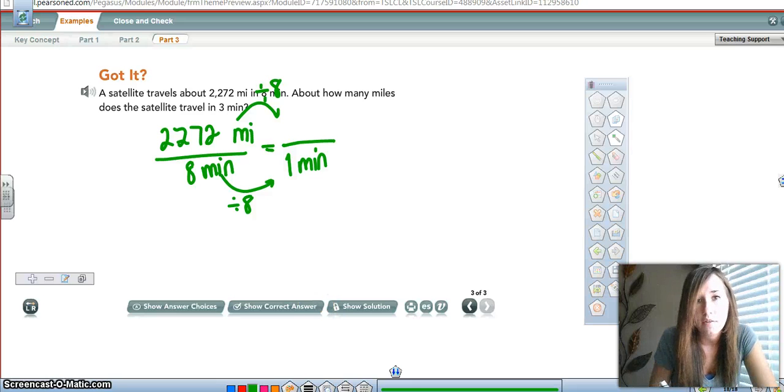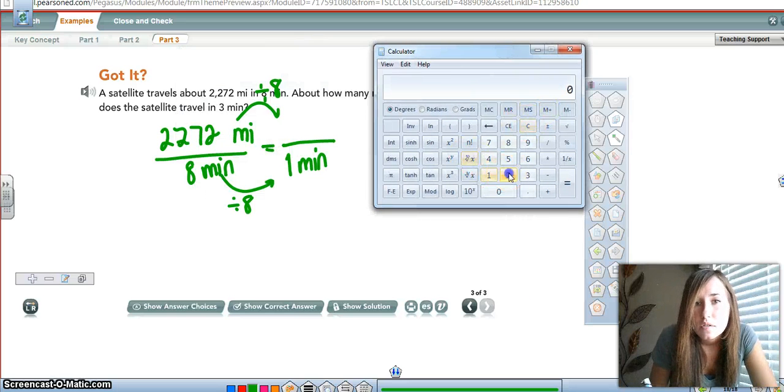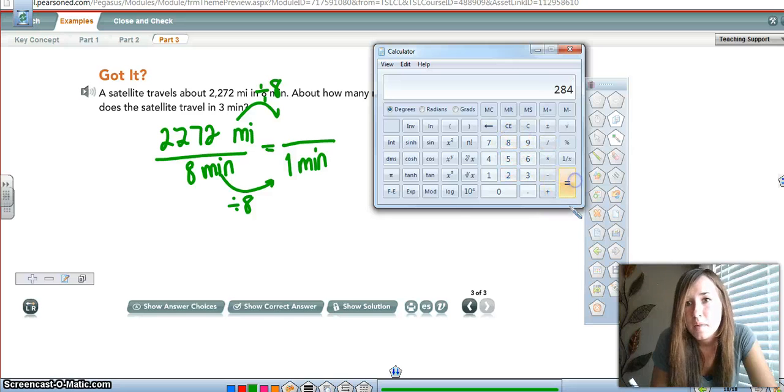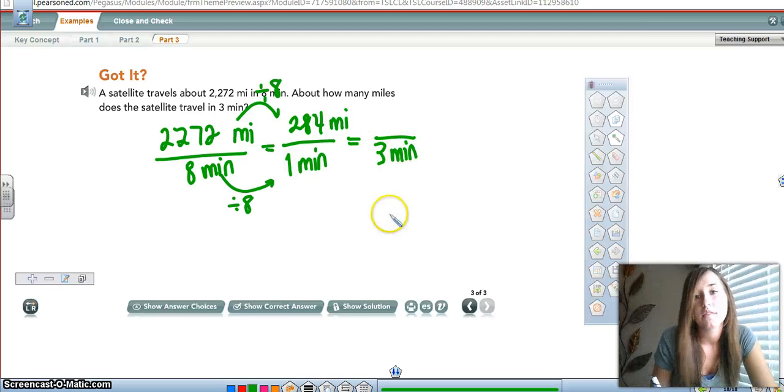You can use a calculator to save us some time. 2272 divided by 8. So that's 284 miles per minute. That's our unit rate. Now we can answer the question, how many miles for 3 minutes?